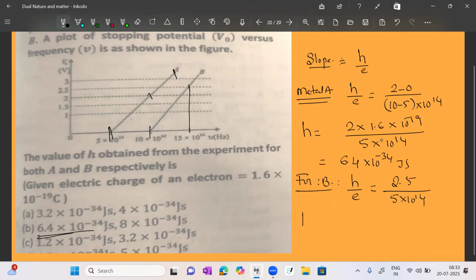So h is equal to 1 by 2 into 1.6 into 10 power minus 19 by 10 power 14. This is 0.8, so this is equal to 8 into 10 power minus 34 joule second. So this is the correct answer.